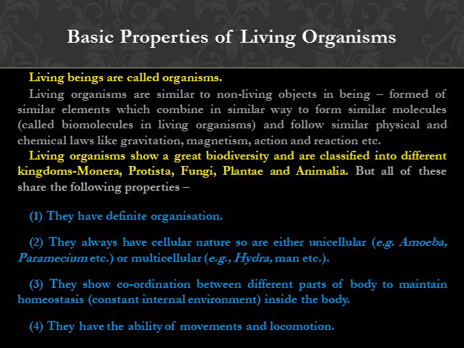Movement is shown by almost every organism on the earth, but very few are able to locomote from one place to another. Especially animals are able to locomote, but plants cannot locomote, though they definitely show movement. So ability of movement and locomotion is one of the key features of living organisms.